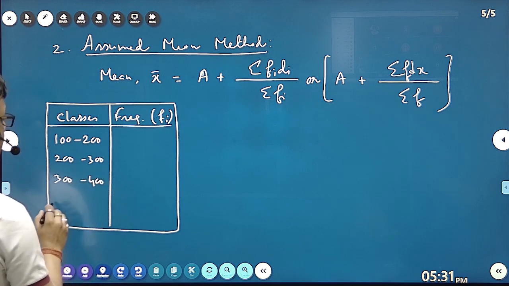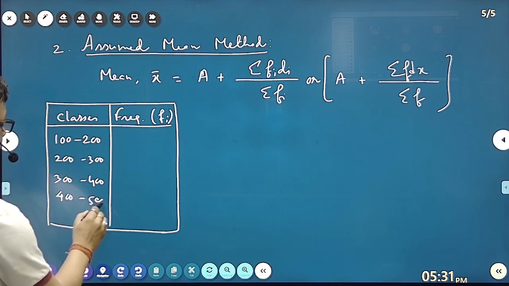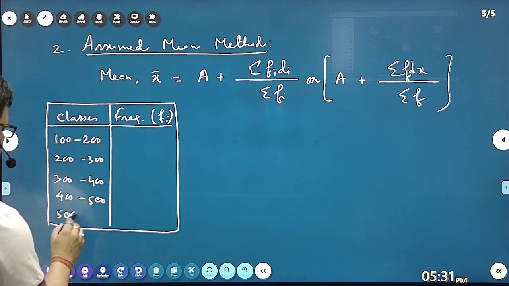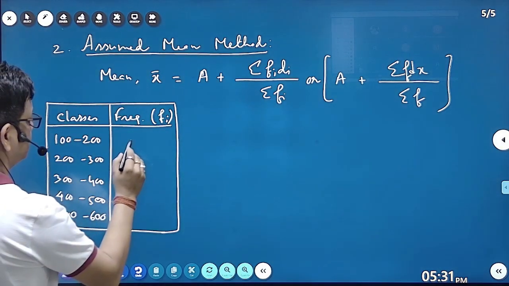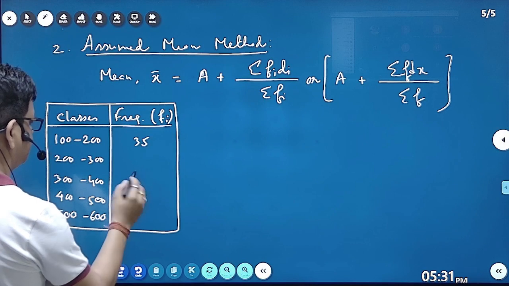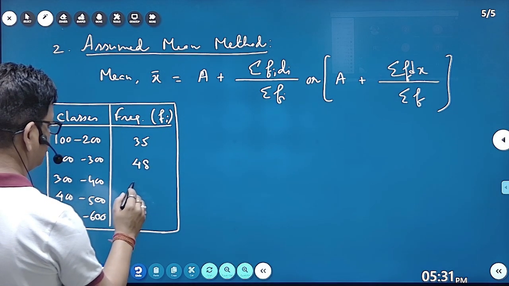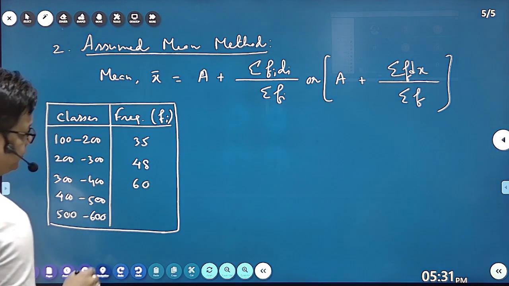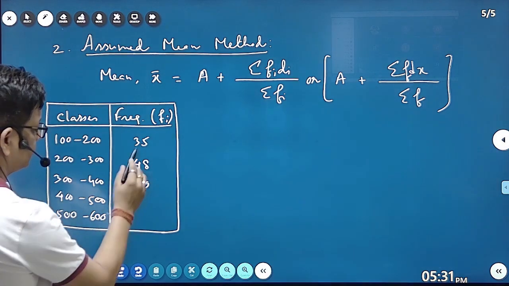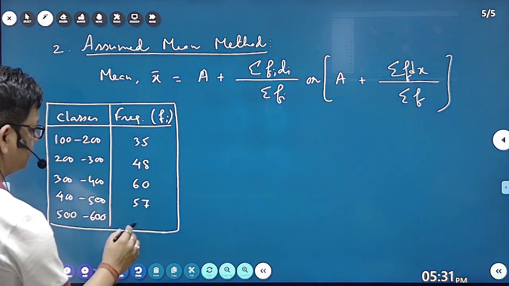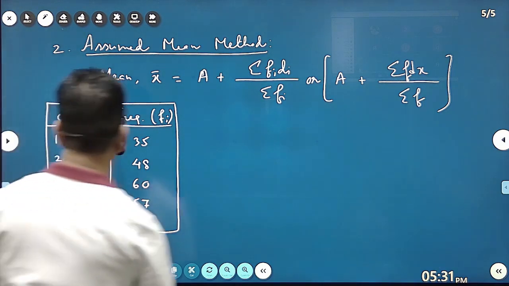You can take out the calculators for doing the calculation. Frequencies: suppose it is 35, 48, 60, 50, 57, and 40. I'm trying to make it round. So this is the question.